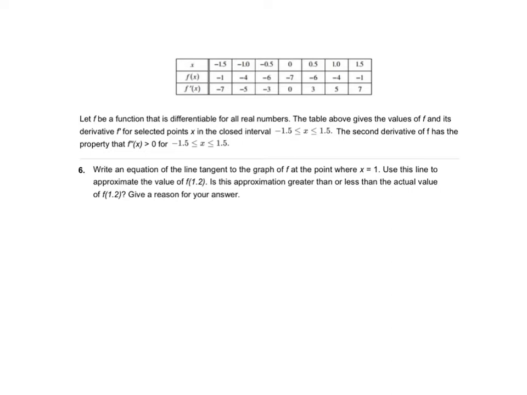Okay, so we'll be focusing on this point here. Okay, so then if we want the equation of the tangent line, we need the full point, which we have. Point is 1 comma negative 4. And then the slope of the tangent line is just the derivative, which is 5. And that's it.